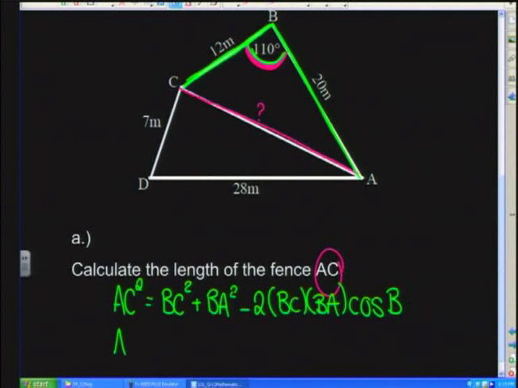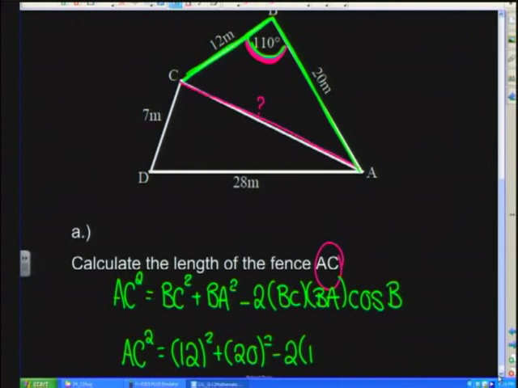So now we're going to substitute it in. So the length of AC squared is equal to, BC was 12 squared, BA is 20 squared, minus 2 times 12 times 20 times cos of 110 degrees.